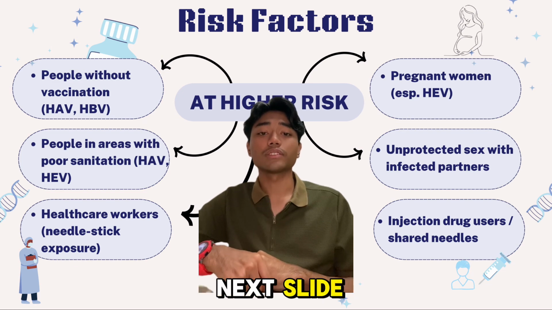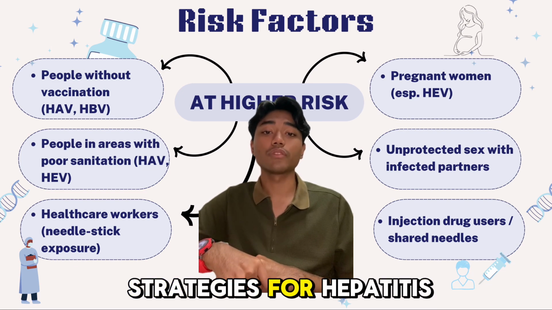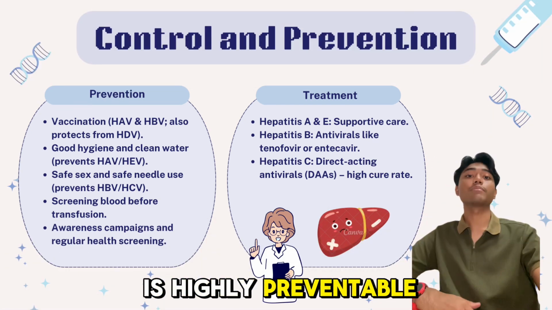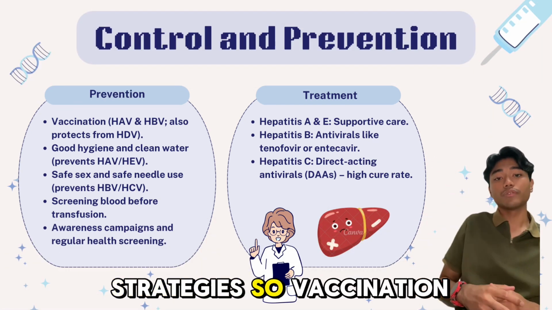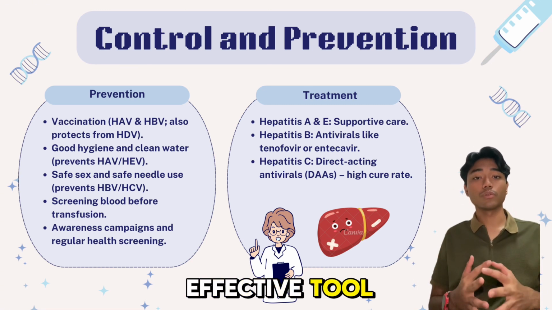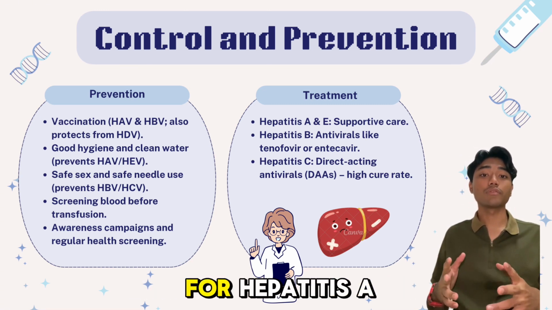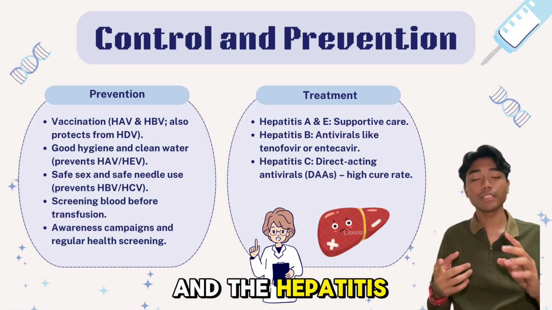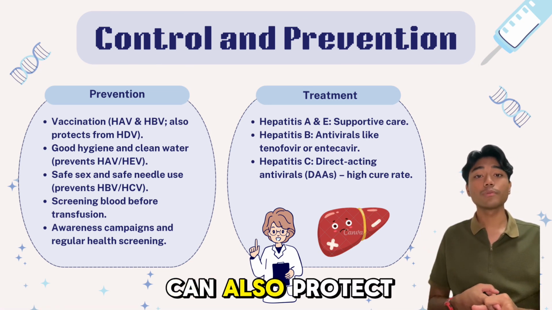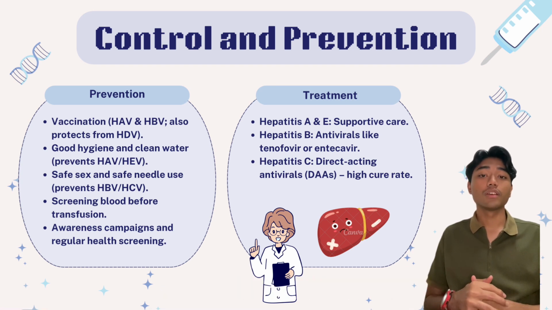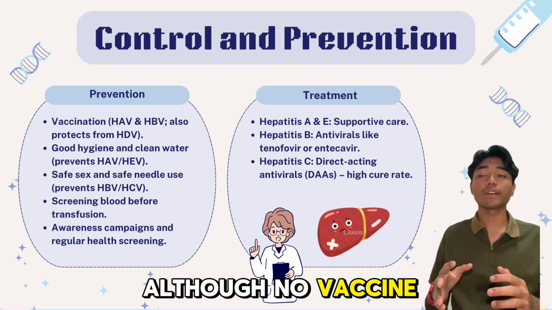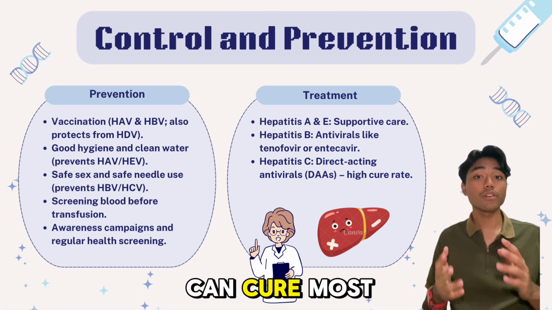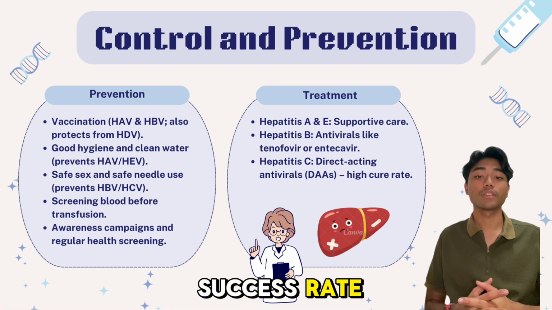So let's move on to the next slide, which is the control and prevention strategies for hepatitis. Viral hepatitis is highly preventable with the right strategies. Vaccination is the most effective tool, because vaccines exist for hepatitis A and B, and the hepatitis B vaccine can also protect against hepatitis D. For hepatitis C, although no vaccine is available, modern direct-acting antivirals can cure most infections with a high success rate.